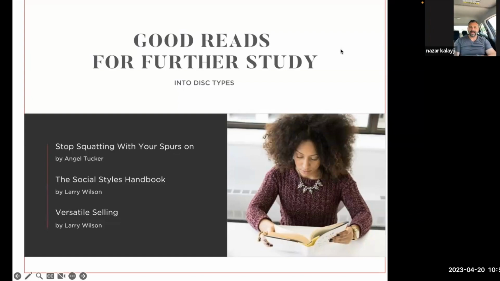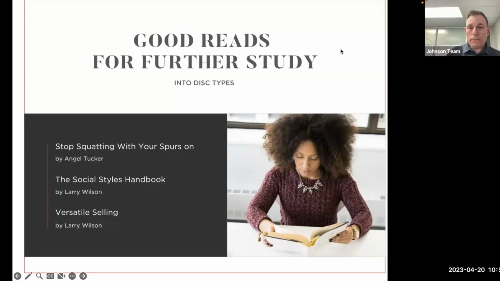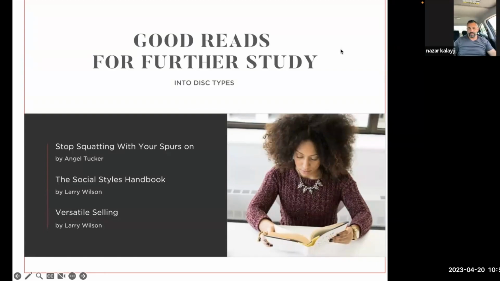As an agent, your ability to be a chameleon and know how to speak in a way that comes across the way they want to be spoken to is going to be indicative of the amount of sales you do. If you just have a natural type and say, well, I'm a D, screw everybody else, that's cool. You're going to work with people who are okay with that personality style. But you're going to lose out on lots of opportunities.